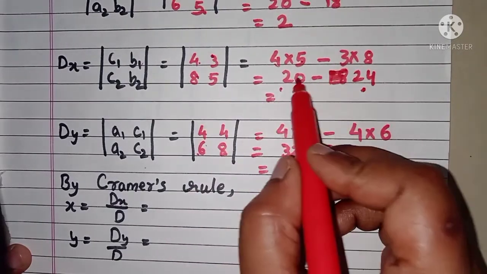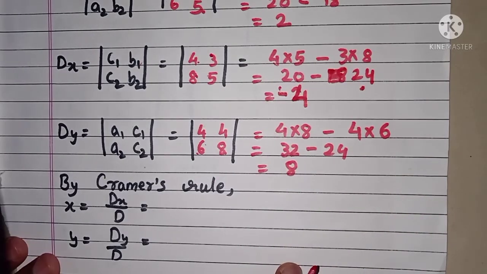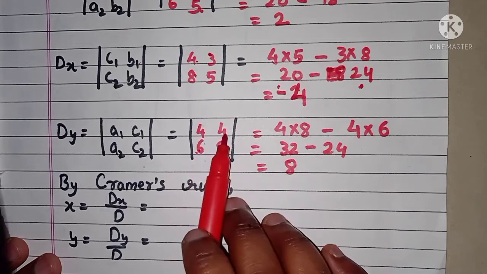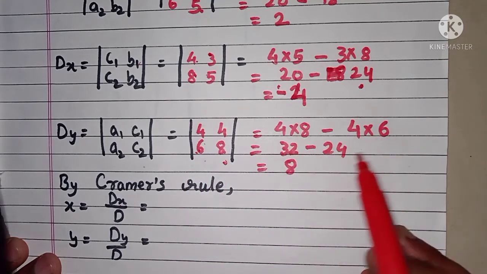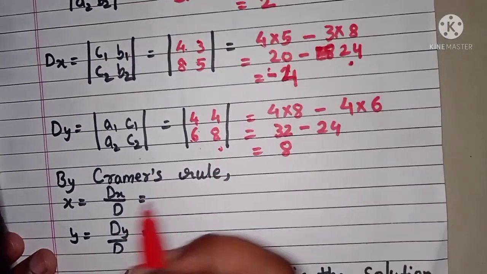I subtracted, since a small number is subtracting from a bigger number, it will come minus 4. For dy also I substituted the values 4 6 4 8, and then 4 8s are 32, 4 6s are 24, so 8. Okay, now you got all the values.